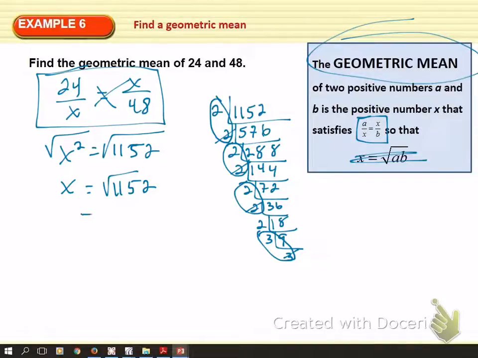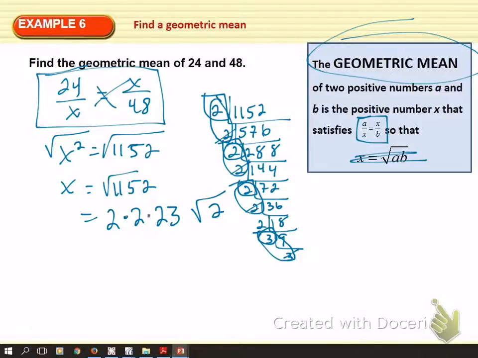Now, the radical is jail. So, he gets out, he gets out, he gets out, and he gets out. So a 2, a 2, a 2, and a 3, and then a 2 had to stay in jail. So I'm going to have this radical 2. Now, anything that you pull out gets multiplied together. Anything that stays in gets multiplied together.